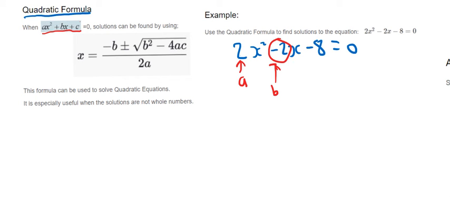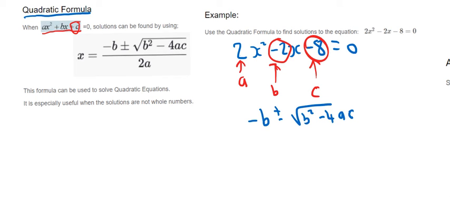And then the c part at the end is going to be the minus 8 here. So a is 2, b is minus 2, and c is minus 8. So I'm going to write down the formula: minus b plus or minus the square root of b squared minus 4ac all over 2a.